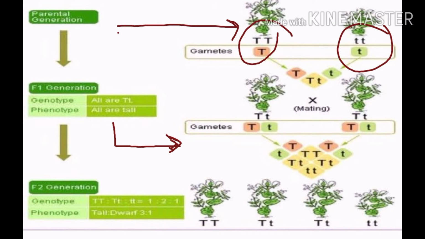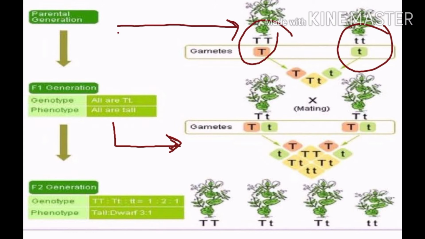The gene which is not being expressed is called a recessive gene. While the gene of the tall plant is being expressed and therefore it is called a dominant gene. In the F2 generation, both the traits, that is short and tall plant, were expressed.